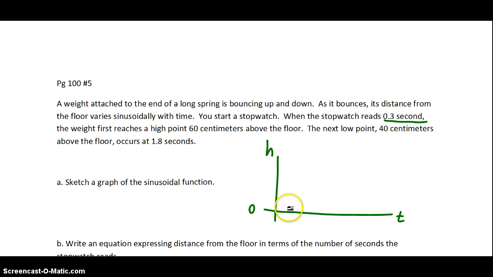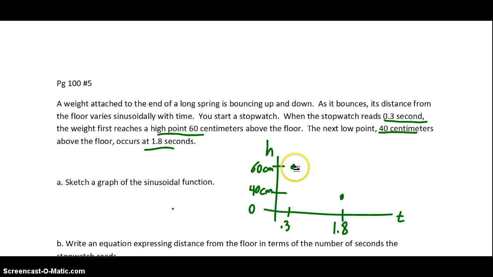At 0.3 seconds, the weight first reaches a high point of 60 centimeters. So there's a point there. The next low point is at 40 centimeters, and that occurs at 1.8 seconds. So we'll put 1.8 somewhere down here.